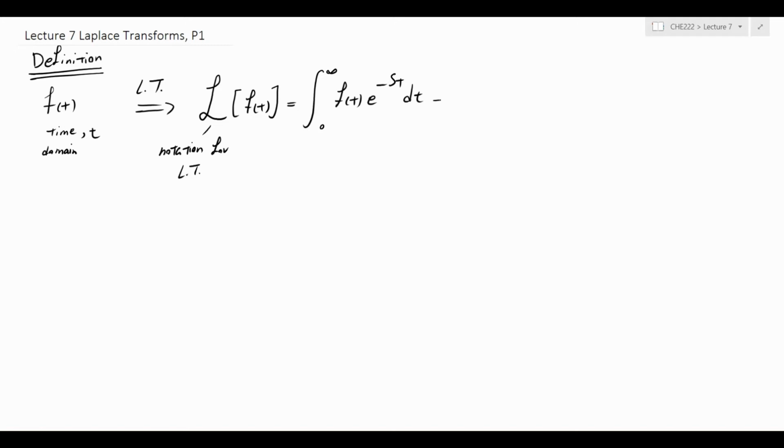And for short, we just call this new function capital F of s. And this s is basically a new domain. Most people call it the frequency domain.